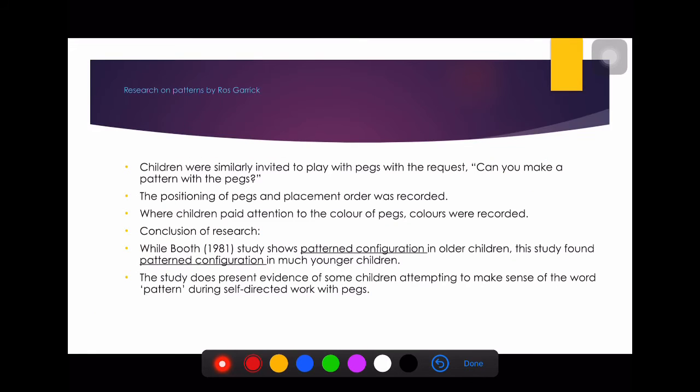In the research, children were similarly invited to play with packs and packboards, and they were requested to answer this question: can you make a pattern with the packs?